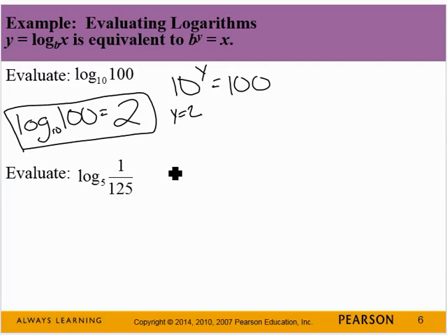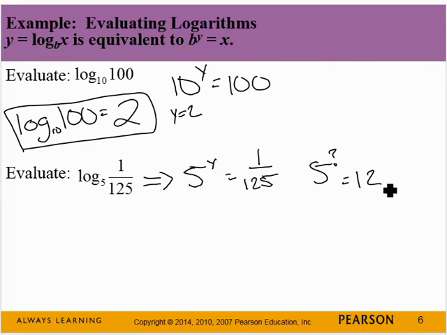The second one, this would convert to 5 to the y equals 1 over 125. So what power of 5 gives you 1 over 125? You know it has to be a negative because you have 1 over it. So you want to think 5 to the what gives you 125.